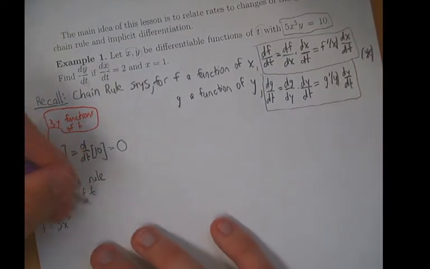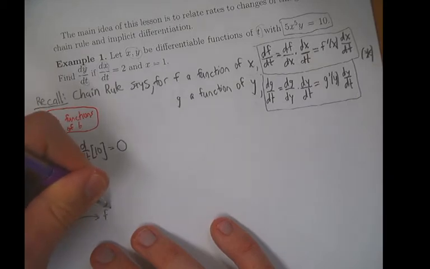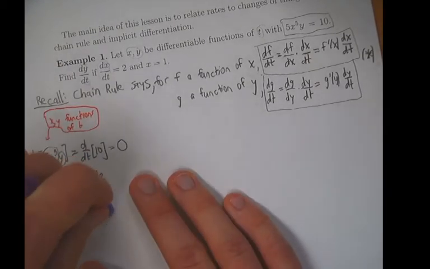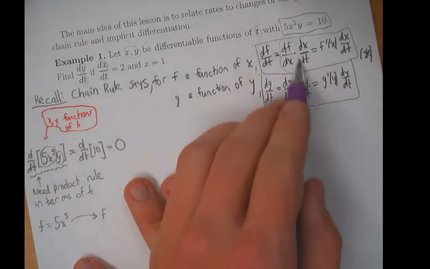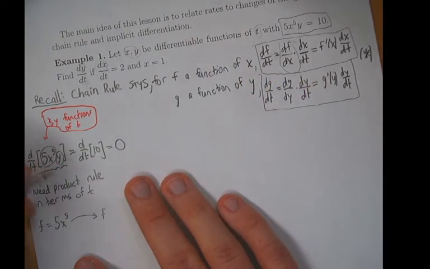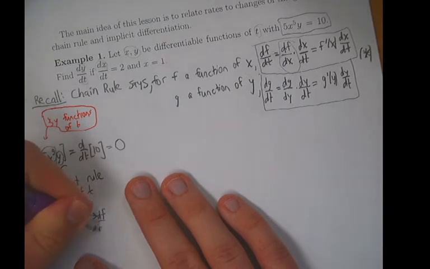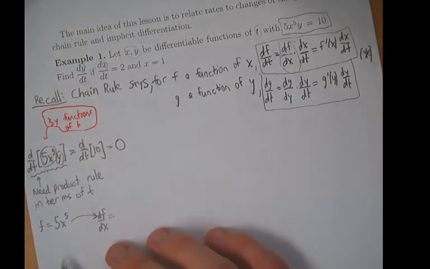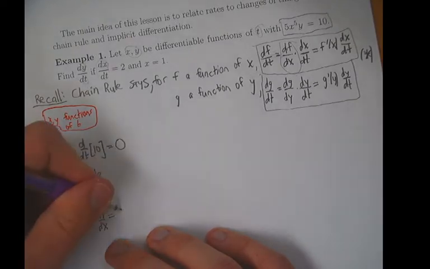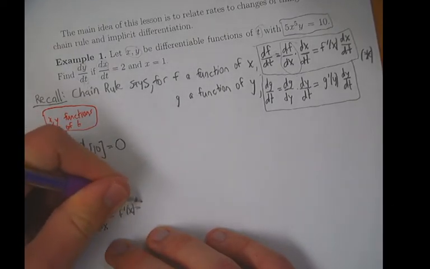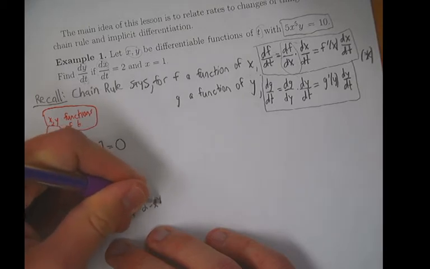If we differentiate f with respect to x first, because that's the first part of the chain rule, then we have df over dx. Well, that's just a quick application of the power rule. So f prime of x equals 25x to the fourth.